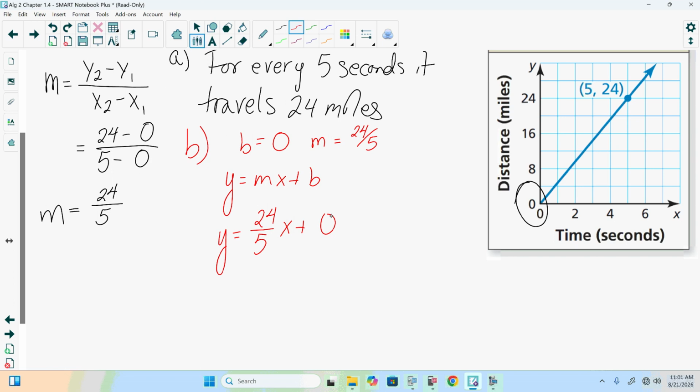No, so it's really what? y equals 24 fifths x? Yeah. Do we need anything else? Did we answer all the questions? No, what else did it ask?